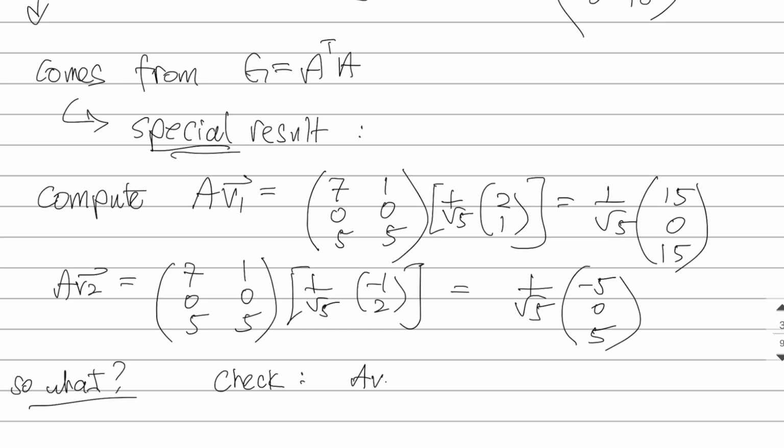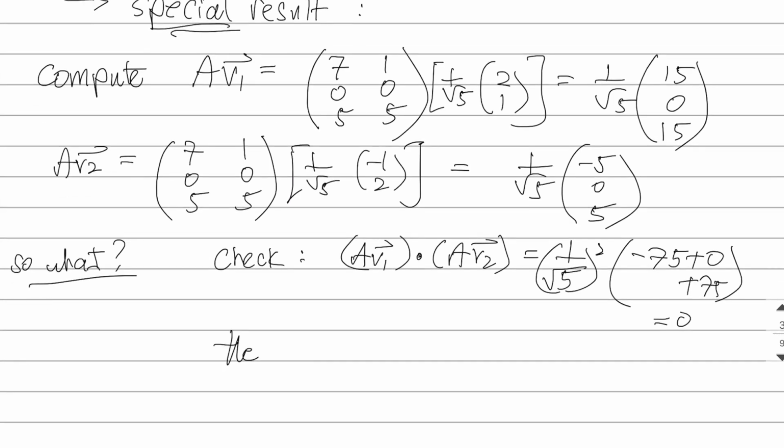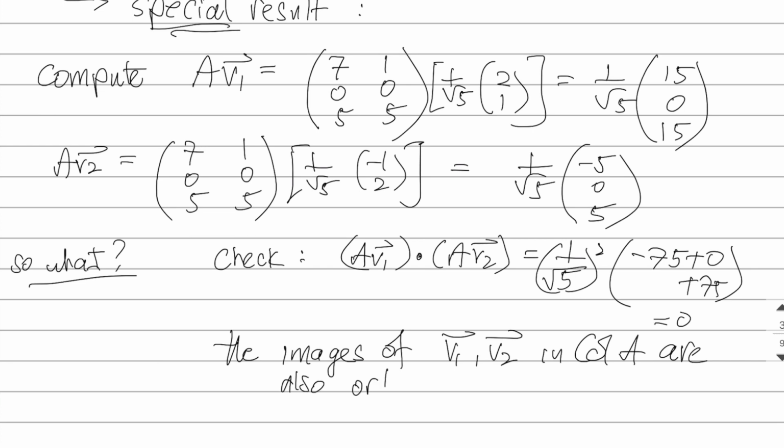If I were to take the first vector that I got and take its dot product with the second vector that I got, here's what ends up happening. I'll have a 1 over root 5 squared. So I'll get a negative 75 plus 0 plus 75. That's 0. The images of V1 and V2 in the column space of this matrix are also orthogonal.